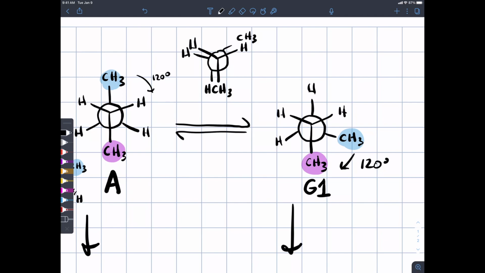So in this conformation, the methyl in the back is eclipsed with a CH in the front. The methyl in the front is eclipsed with a CH in the back. So we'll call that eclipsed 1 maybe.